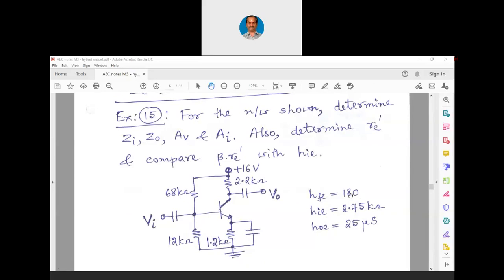Beta is 180 itself. 180 into 1.2K will naturally be greater than 10 into R2, which is 12K into 10, that is 120 kilo ohms. That is obvious just by visual observation of these values, so we can apply the approximate analysis here.